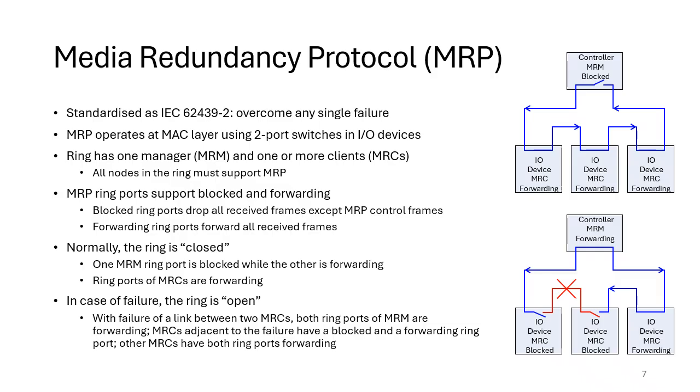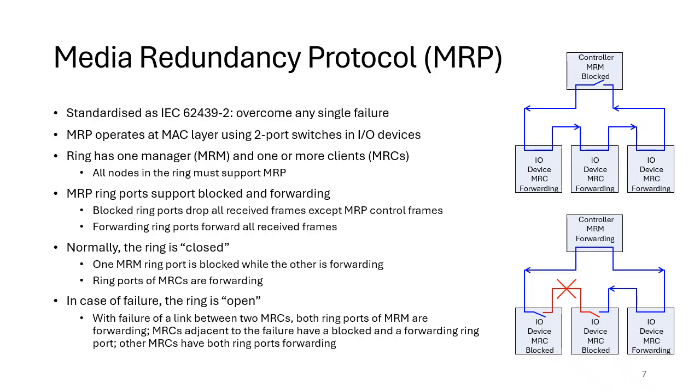But it is possible to integrate devices that don't support MRP onto a network that is using MRP. So again, you've got this nice flexible architecture that gives you quite a bit of control. Now on the ring, you've got one manager, media redundancy manager, and one or more clients called MRCs. Sorry, MRC is media redundancy client.